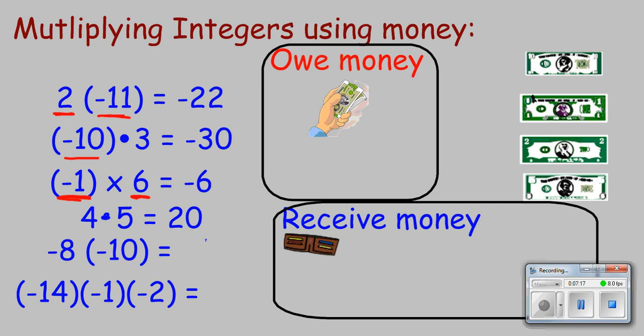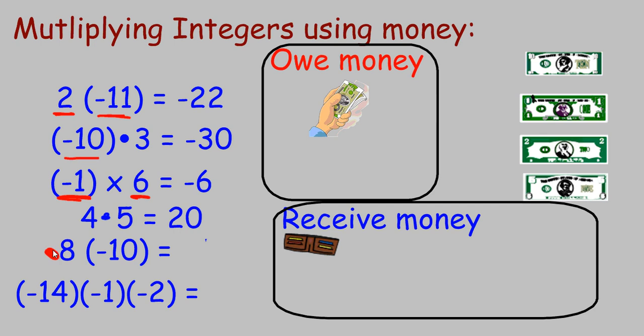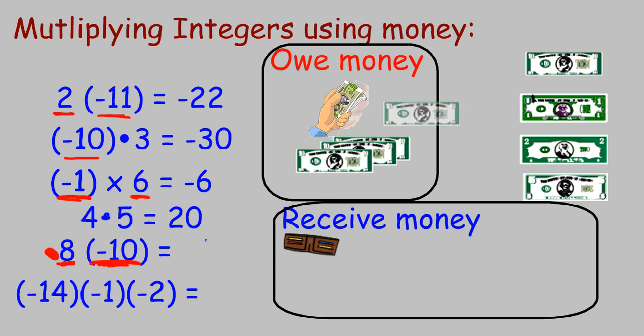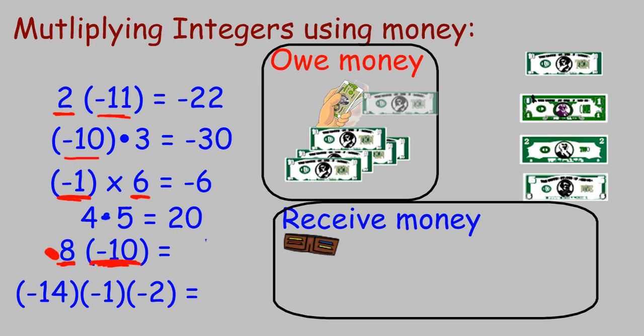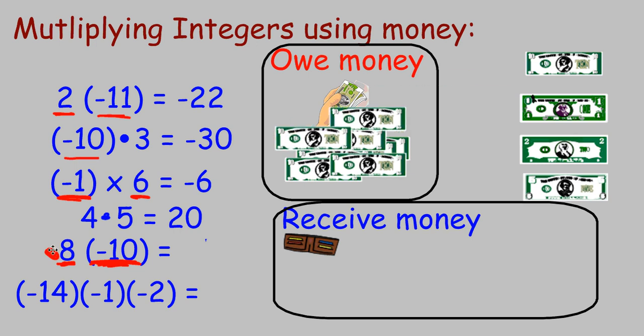All right, again, now looking at this next one, this is a tricky one. We're going to act like this minus sign doesn't even exist right now. We're just going to say that we owe 8 different people. We owe them $10. So I'm going to bring over $10 for 8 people. That's 3, 4, 5, 6, 7, 8 people, $10.